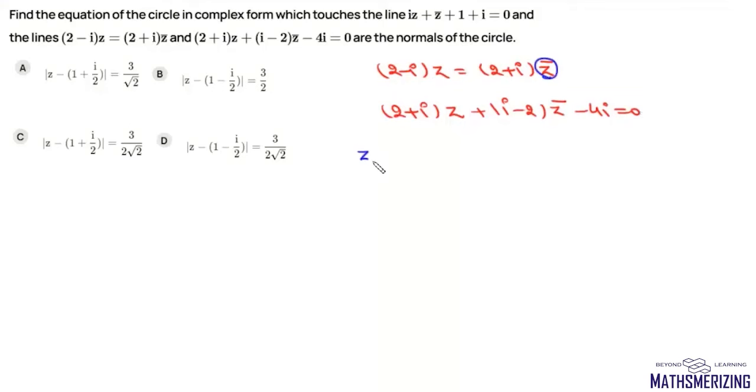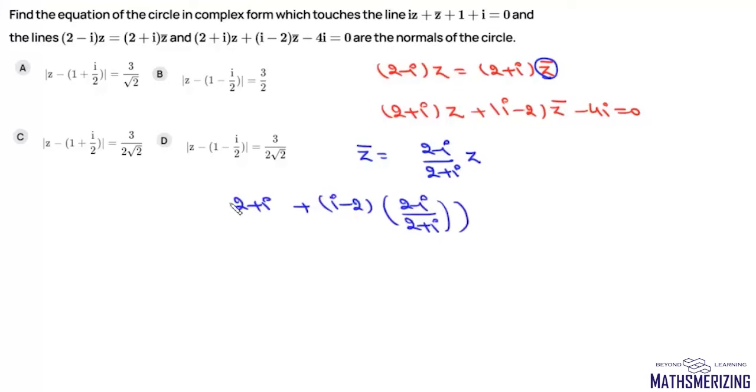From this first equation, we'll write Z bar and it will be 2 minus iota upon 2 plus iota Z. Now we'll put it in the second equation. We can write 2 plus iota plus iota minus 2 into 2 minus iota upon 2 plus iota whole Z, and it will be equal to 4 iota.